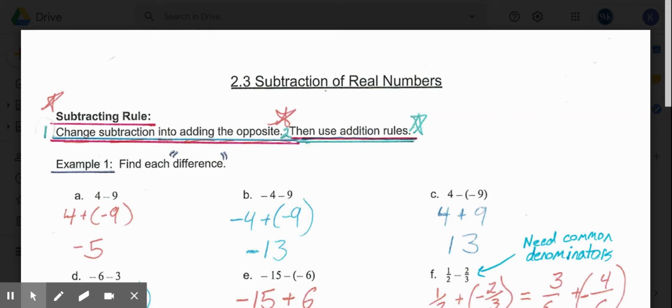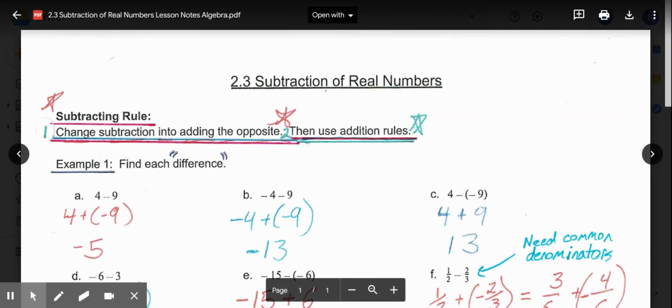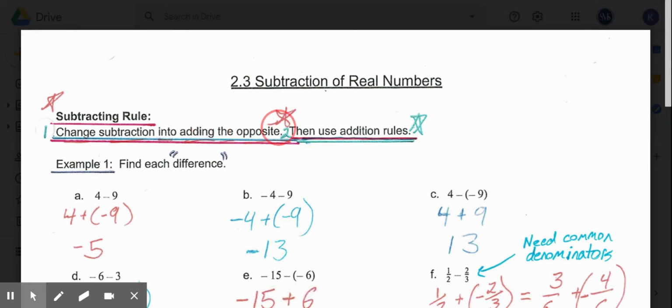So, our subtraction rule is a two-step rule. Our first part has actually two steps in it. But the first part is to change subtraction into adding the opposite.